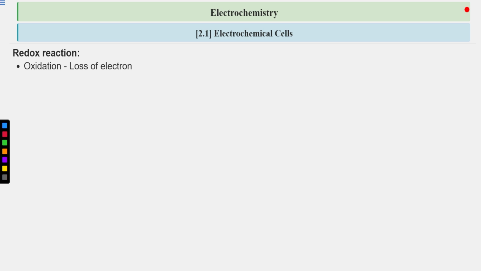Oxidation is a process where loss of electrons happens in a reaction. We have various definitions of oxidation, but in this chapter we will consider oxidation as the process where loss of electrons is carried out.